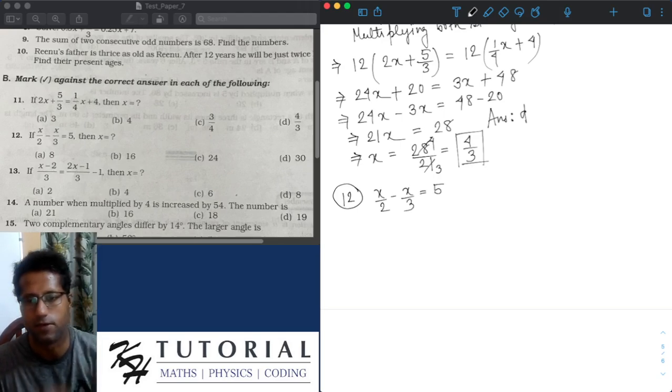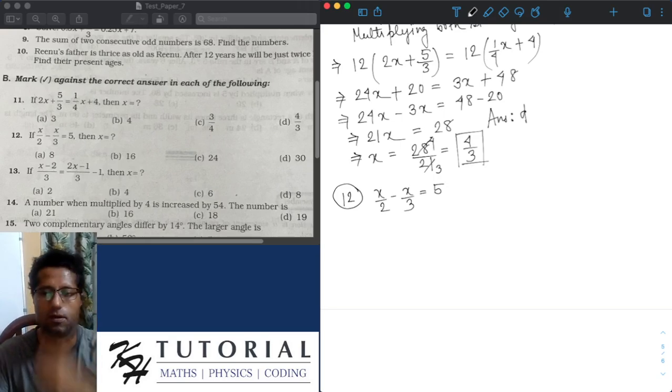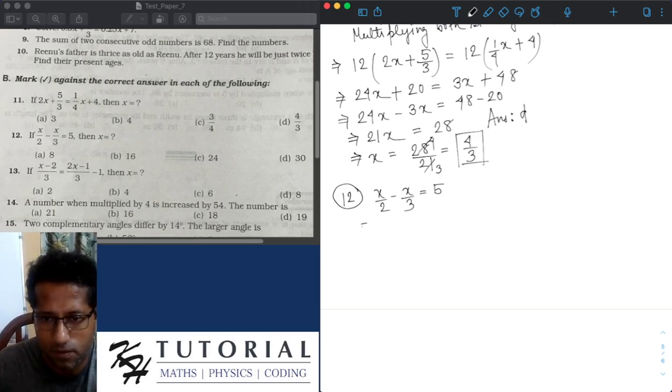Then find the value of x. So we have to solve x from this linear equation. So this is simple. We have to just find x by 2 minus x by 3. This is nothing but half minus 1 by 3, times x equals 5, and 1 half minus 1 by 3 is 1 by 6. So this is 1 by 6, x equals 5.